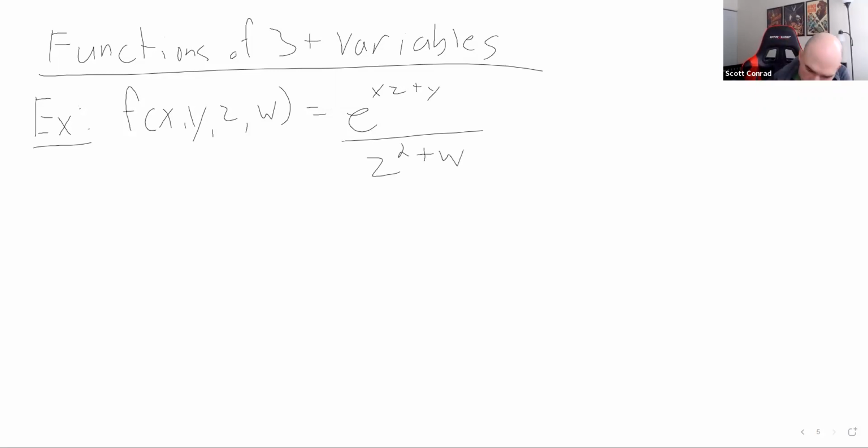Let's calculate the partial with respect to z at the point 0, 0, 1, 1. So now we're going to calculate a partial, and then we're going to evaluate it at a given point.